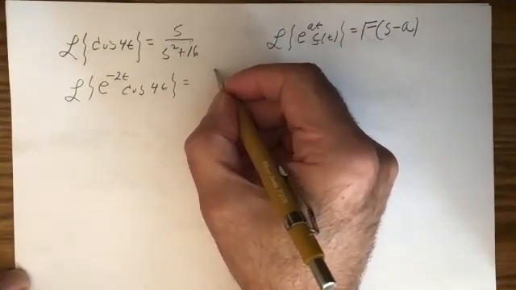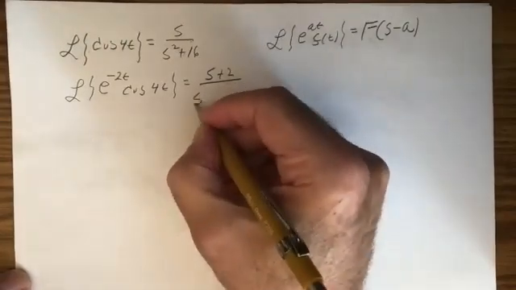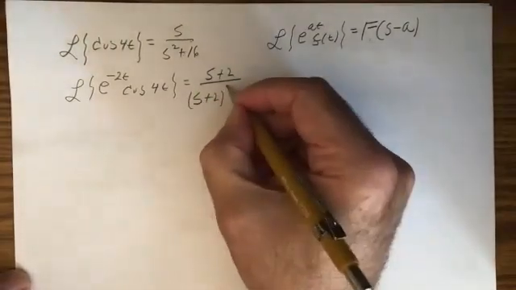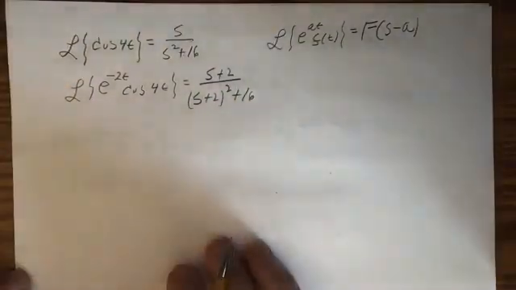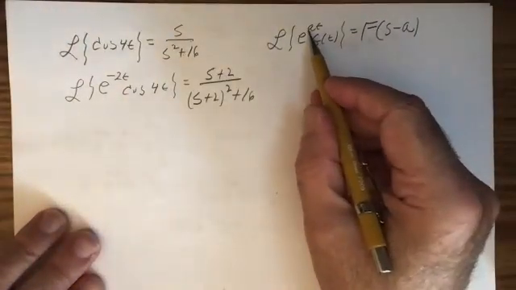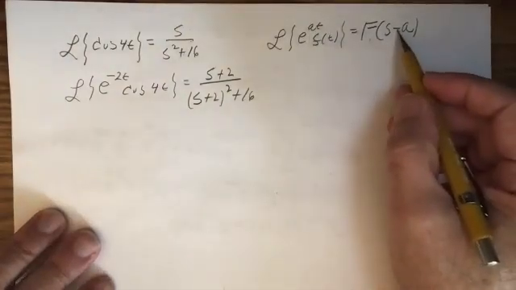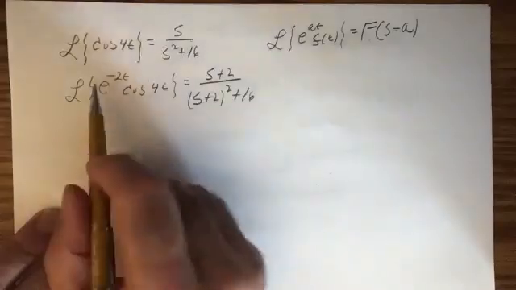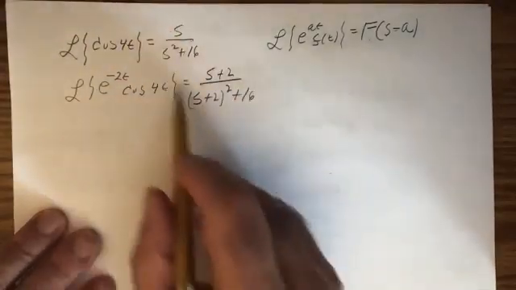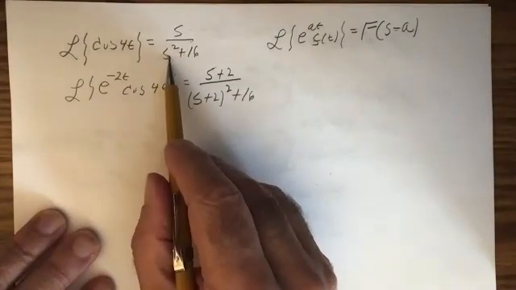This is going to become s plus 2, over s plus 2 squared plus 16. I hope you see that, because here there's a plus a, and here there's a minus a. So we're shifting the s.